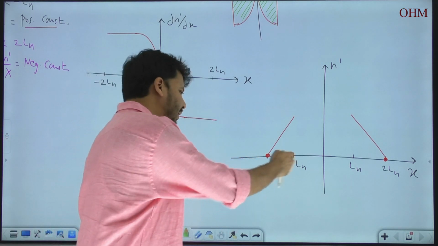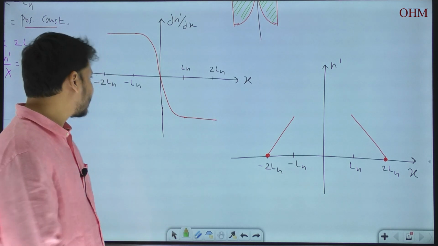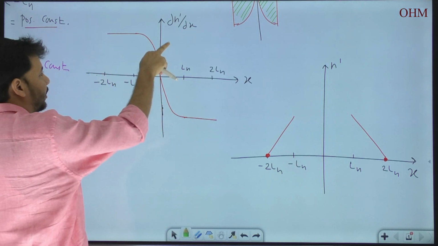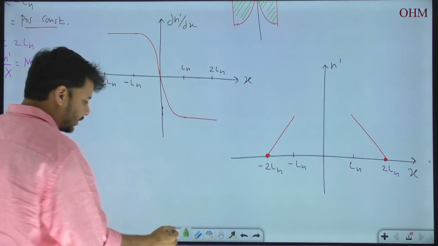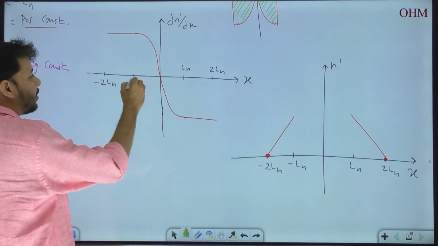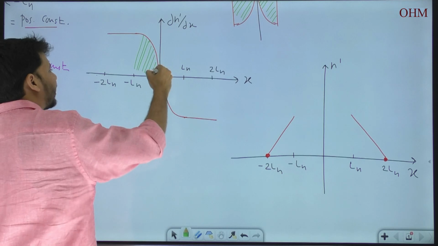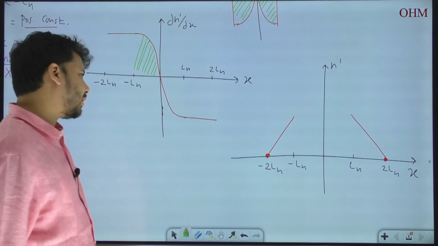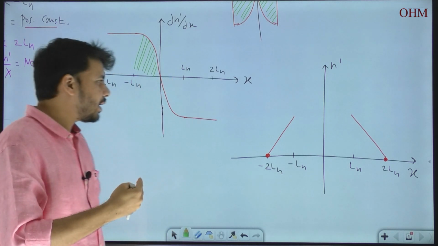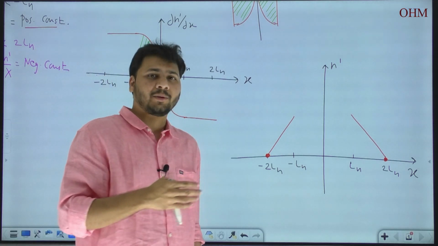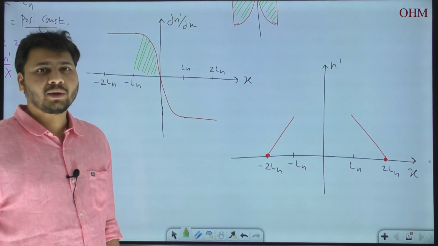Now if you come back to this dou n prime by dou x variation with distance, from minus ln up to 0, are we having positive area or negative area? Clearly we have positive area. If you are adding positive area, then the value of the integral, that is the value of n prime, will increase.